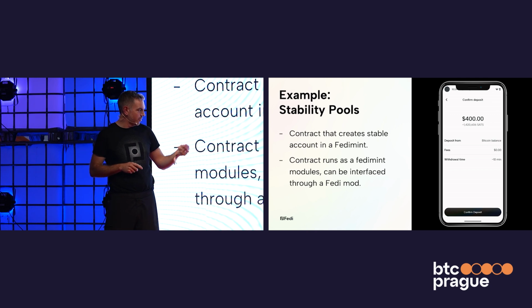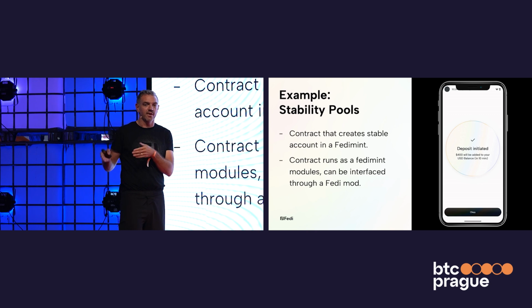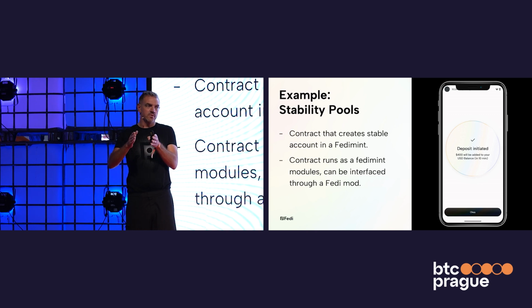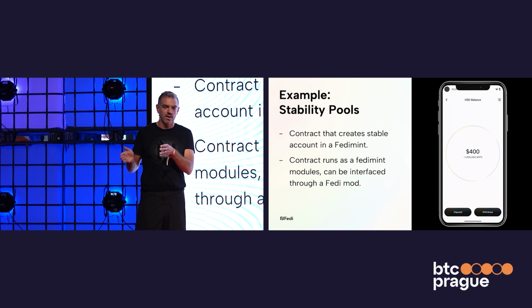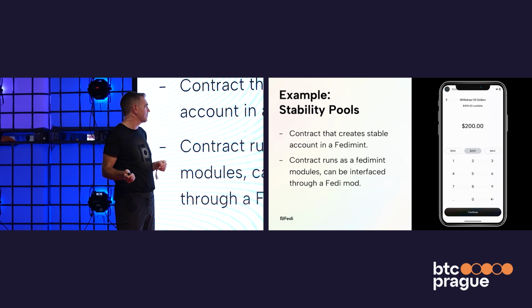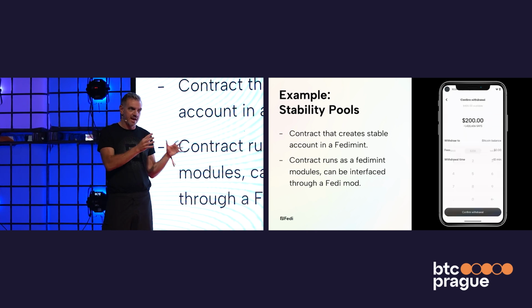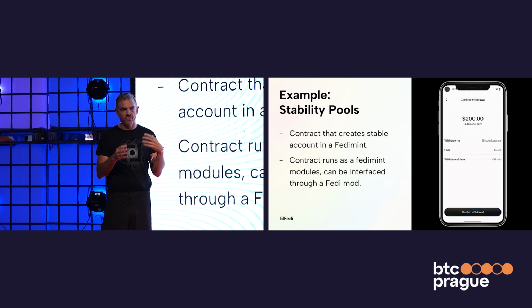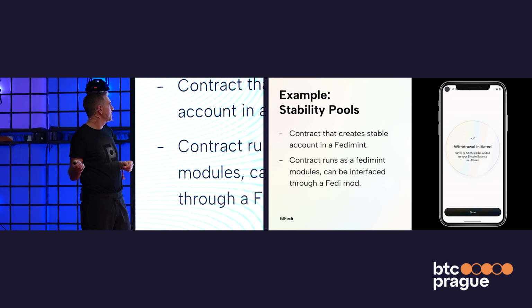You confirm that, the eCash moves in, and you now have a dollar-locked account inside that Federation, and it uses only the trust assumptions that you already had inside that Federation. So you're still only trusting the guardians to make sure that that is held correctly with no exposure to external counterparty risk. So that's one that we're hoping to get out onto our Fedi Alpha Signet soon, so people can start to play around with that and just experience the look and feel.